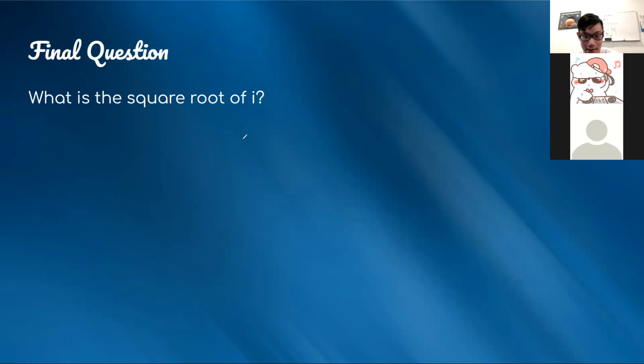So we said that the square root of i is plus or minus square root of 1/2 plus or minus square root of 1/2 times i. How can we confirm this? Well, all we have to do is square this and square this, right? Squaring this cancels that out, so we're just left with i.